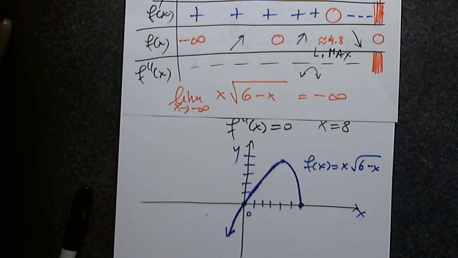And this is it. This is the graph of f of x, x times the square root of 6 minus x. Any questions? How do we feel about all this process of graphing functions? Before we look at rational functions, we have not looked at any rational function, and we haven't looked at asymptotes.